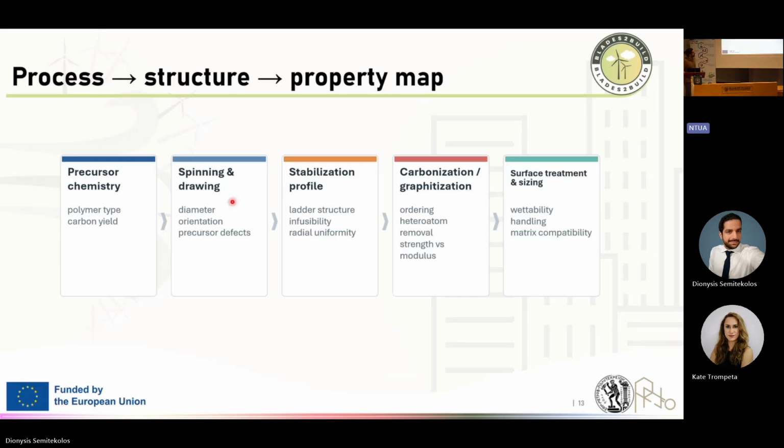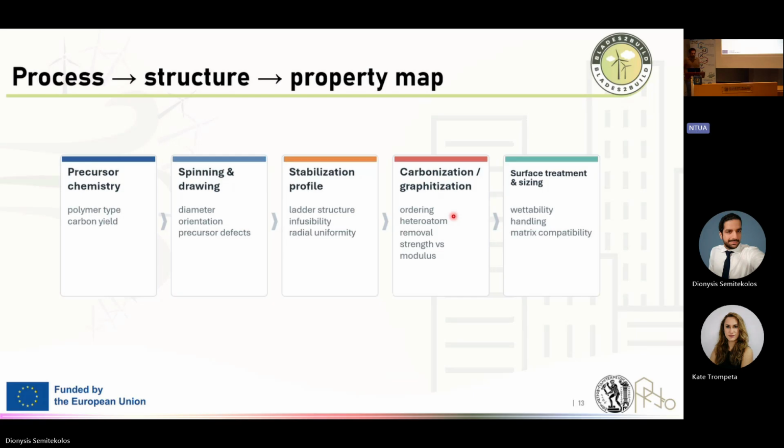Okay, the spinning and the drawing, this is how we transform the precursor into the fiber, and the tension that we apply has an effect on the diameter or on the orientation, and different precursors exhibit different kinds of defects. The stabilization adjusts this ladder structure that we saw, and is responsible for making the polyacrylonitrile infusible, so it can withstand the high temperatures of the carbonization and graphitization, which transform this polymer into the carbon fiber format with the graphitic structure.